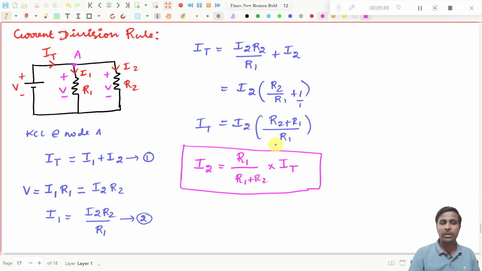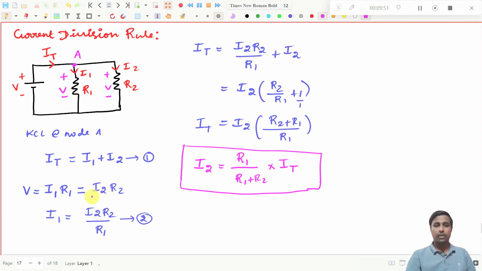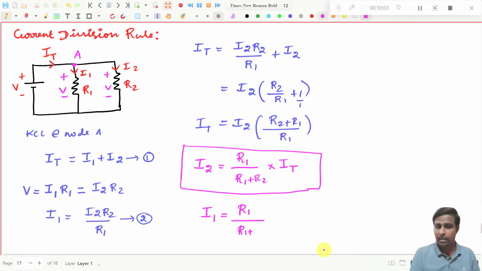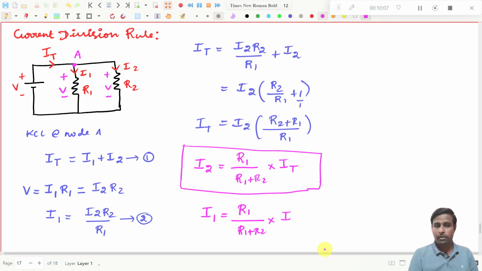Similarly, you get I2 in this expression and you substitute in IT. I1 will be equal to R1 divided by R1 plus R2 into IT. Sorry, this is actually wrong.